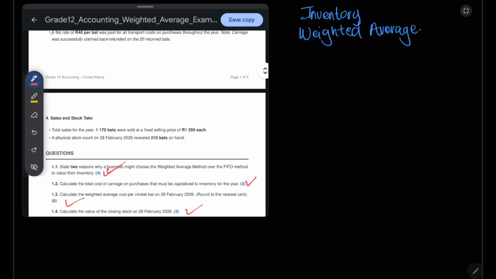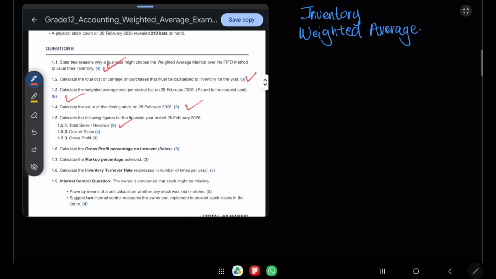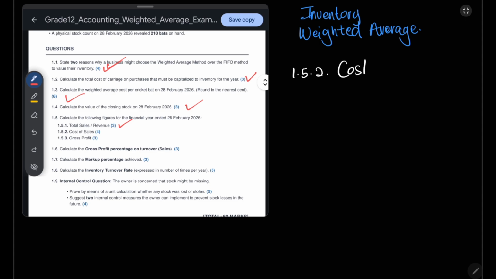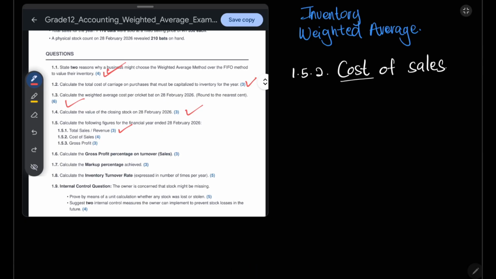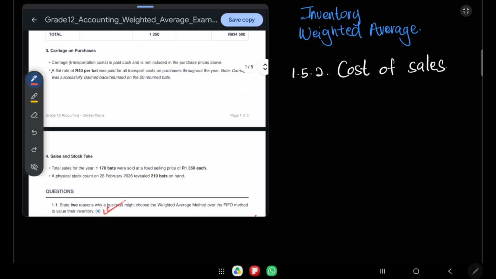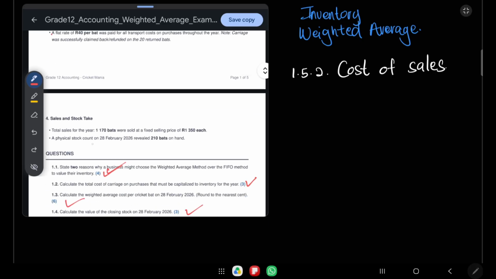We have 1.5.2, calculate our cost of sales. Now remember, cost of sales refers to the money that we had to spend in order to sell something. Okay, so let's go to our sales information. Here we sold 1,170 bats.